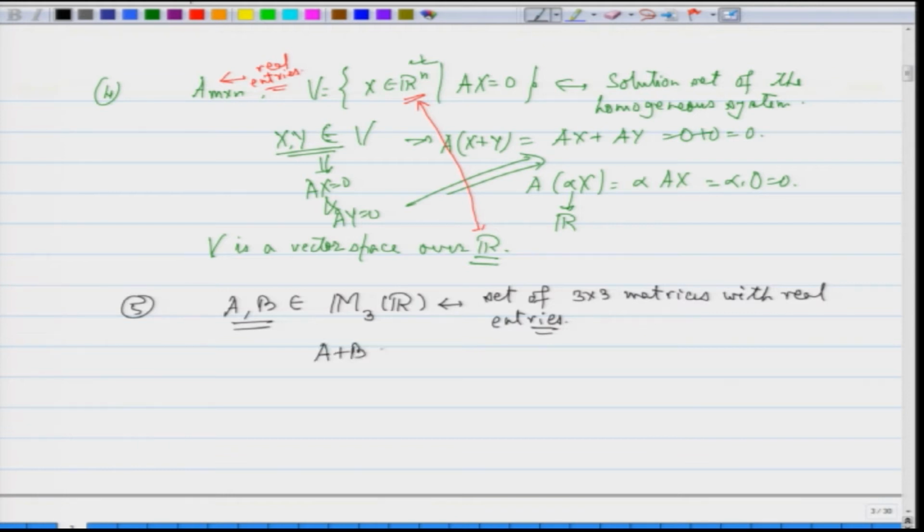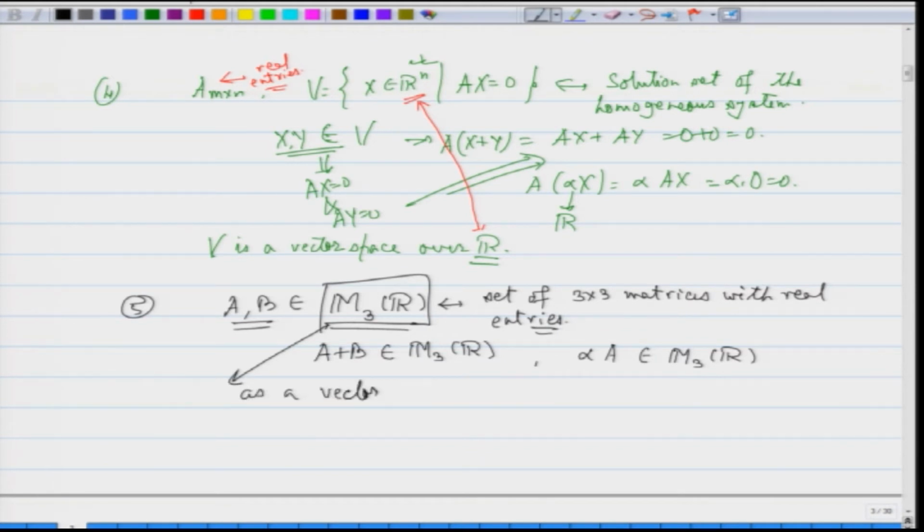I can talk of A plus B which will also belong to M3 of R. We have a 0 matrix, for every A we have a minus A, and we also have scalar multiplication. Alpha times A also makes sense, and this is a 3 cross 3 matrix itself. So, therefore, I can think of this as a vector space over R. Similarly, if in place of the entries being real numbers, it was complex numbers, I can talk in terms of complex numbers also, fine.